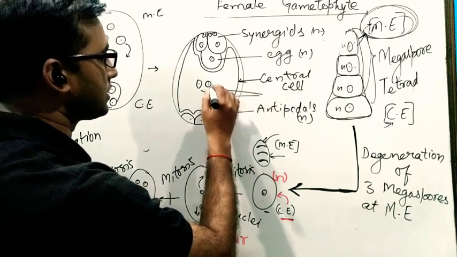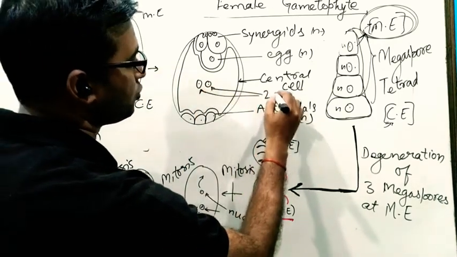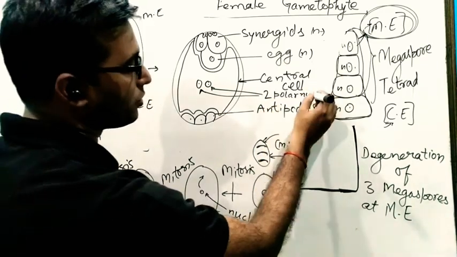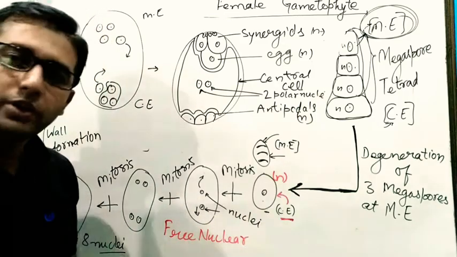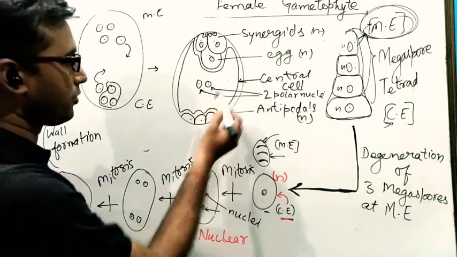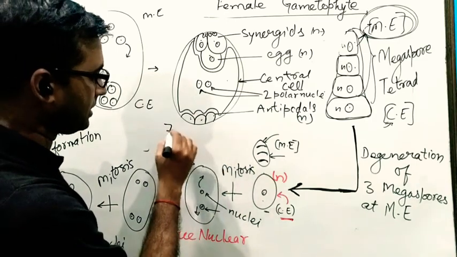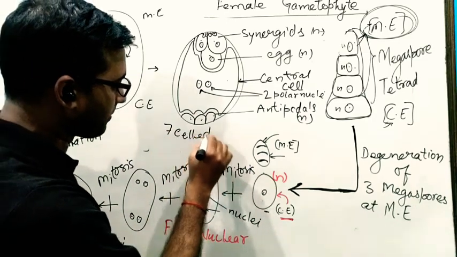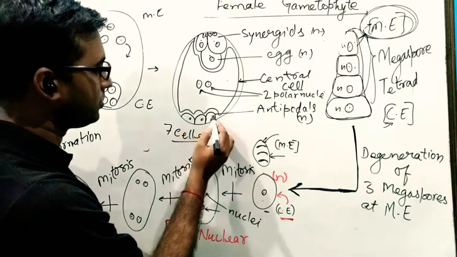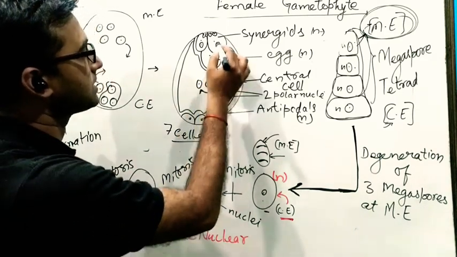The central cell has 2 polar nuclei. They do not fuse at this time. Now you can observe 1, 2, 3, 4, 5, 6, 7. This structure is 7-celled, but the number of nuclei is 8: 1, 2, 3, 4, 5, 6, 7, 8.